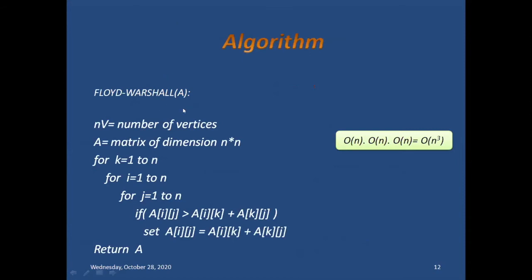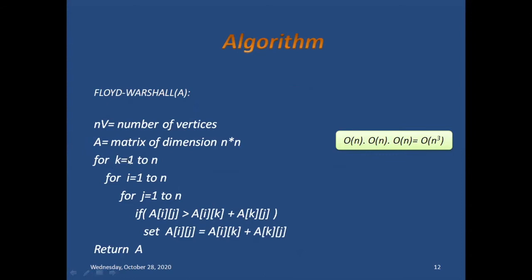Floyd-Warshall algorithm. At first we create a variable n for the number of vertices, and we create an array named a with dimension n by n.